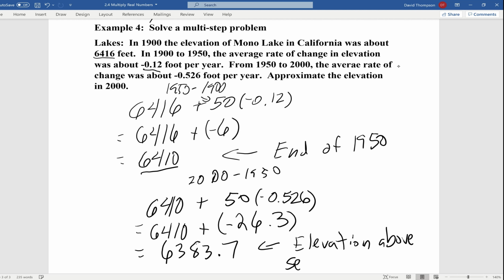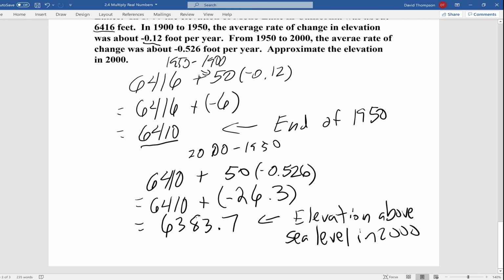The elevation in 2000 is approximately 6,383.7 feet, and we are done.